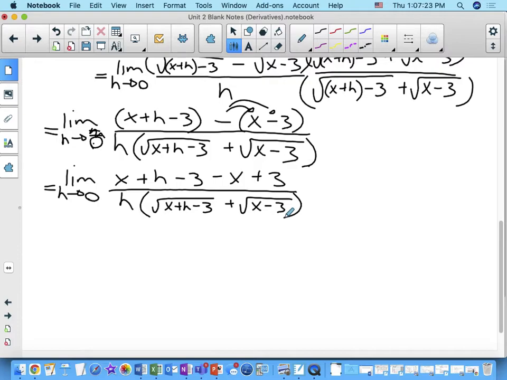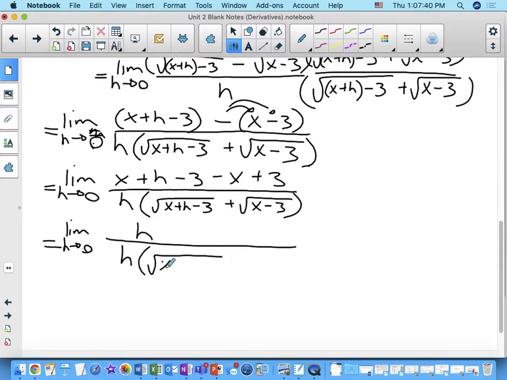So now what do we have in our numerator? Yeah, just h, which is super nice. That's what we wanted. Because these cancel, and then I just have a 1 in the numerator.